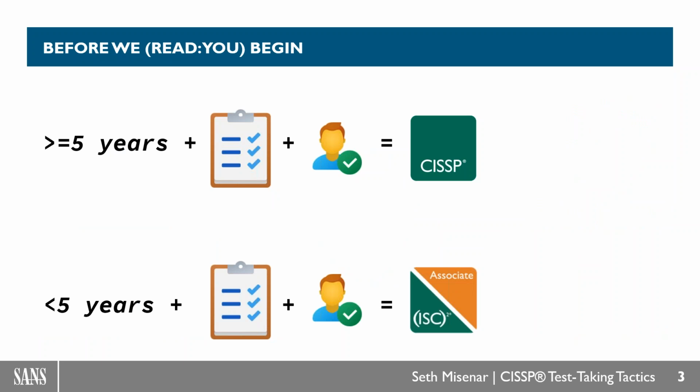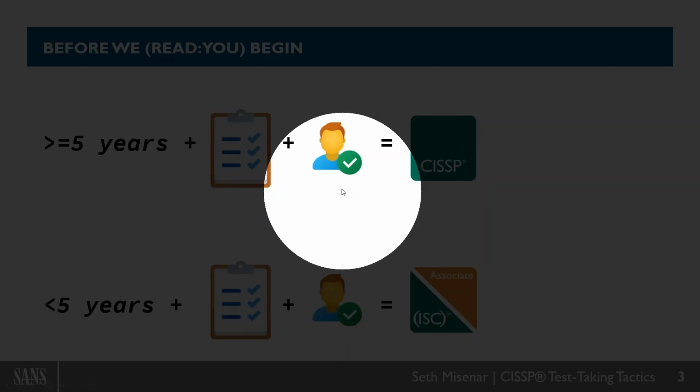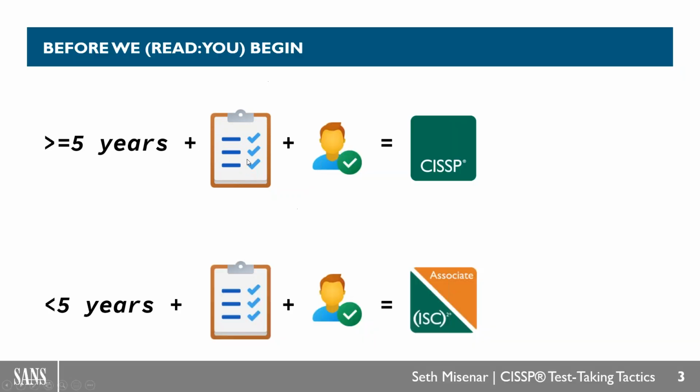Before we dig in, in order to get this credential, the CISSP, you've got to do a number of things. And the three most important aspects are you have to have greater than or equal to 5 years of experience. You've got to pass the test, which is what we're going to focus on here. And then you also have to be endorsed by a current CISSP holder. And that would get you the CISSP.